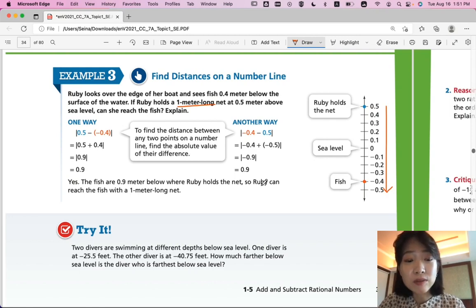So, yes, the fish are 0.9 meter below where Ruby holds the net. So from Ruby's net to fish, the distance is 0.9. And so the distance is less than her net's length, so it's going to be okay.